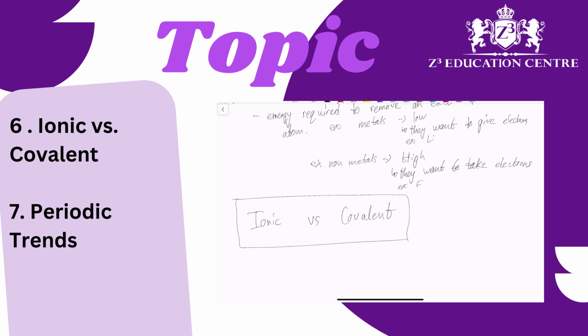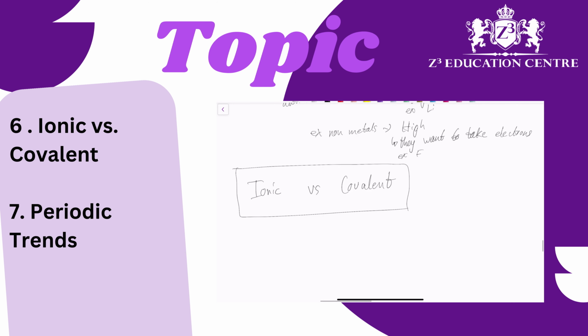Another characteristic is ionic versus metallic, and the type of bonding that they will do. So look up these terms, look up their differences.